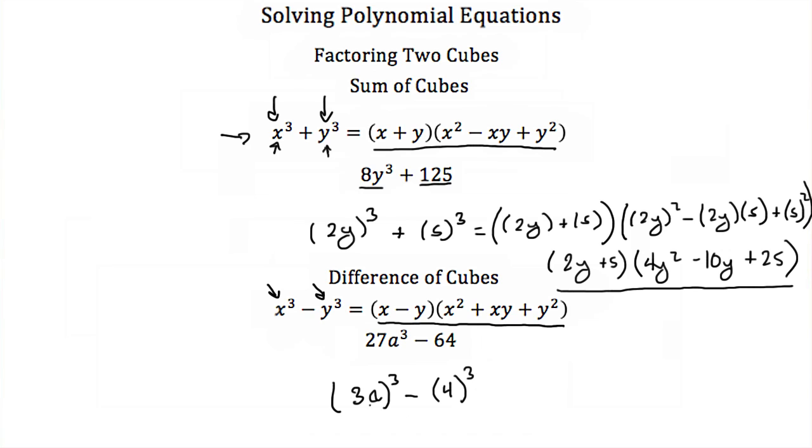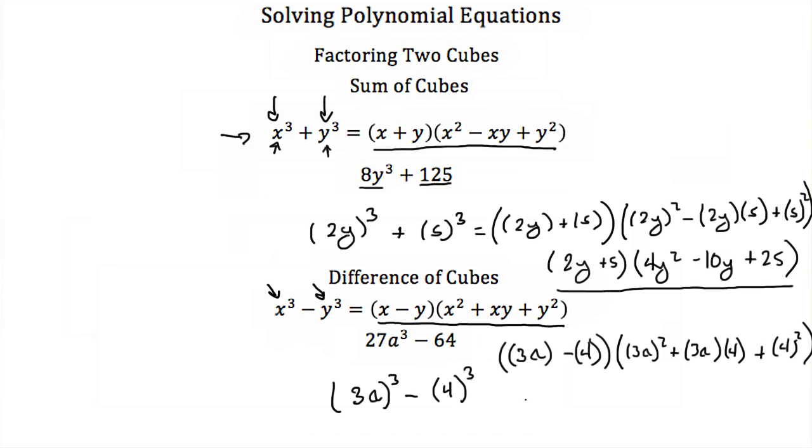Well, once we recognize that, we can plug in 3a for x and 4 for y. So this will factor down to 3a minus 4 all times 3a squared plus 3a times 4 plus 4 squared.